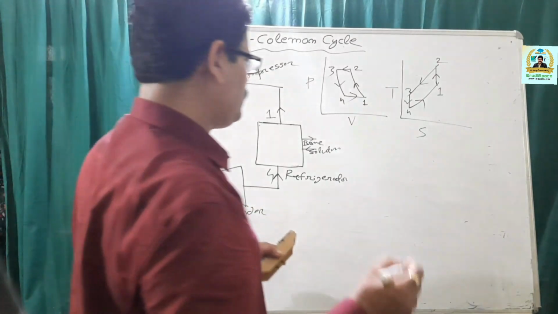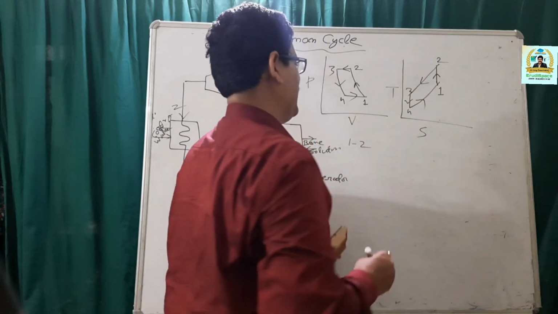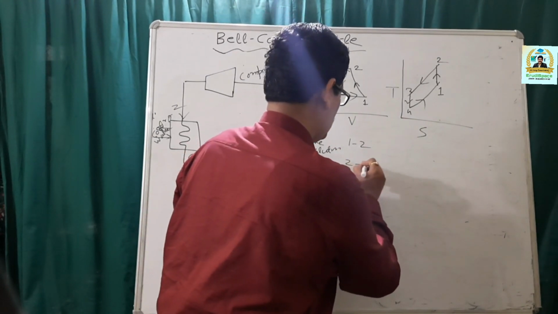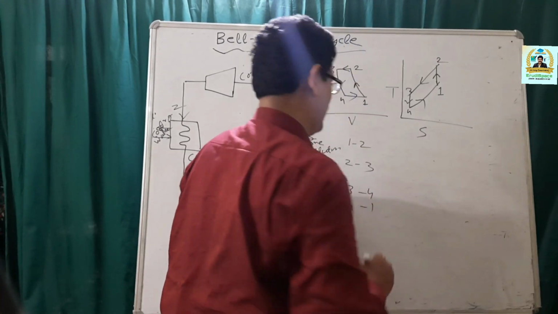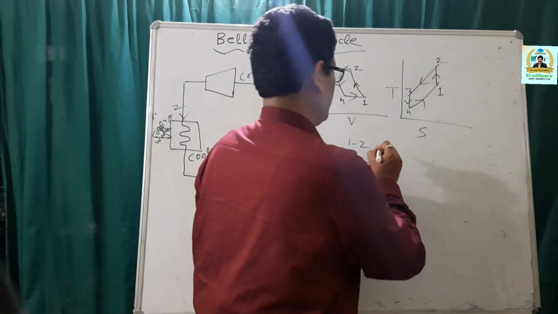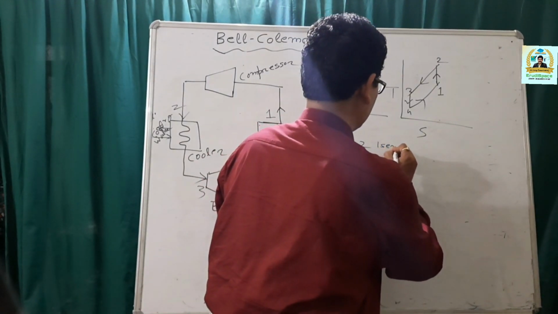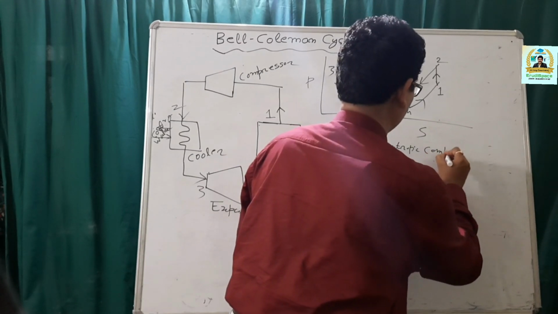Now, coming to the thermodynamic processes, the processes are 1-2, 2-3, 3-4 and 4-1. So 1-2 is actually isentropic compression process.